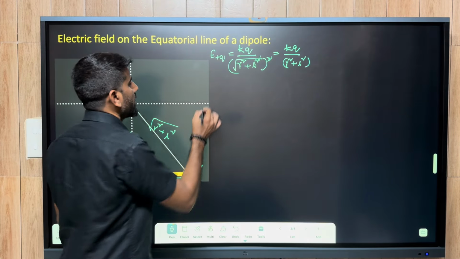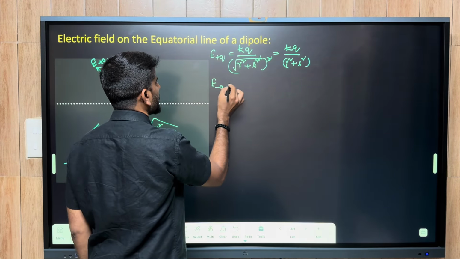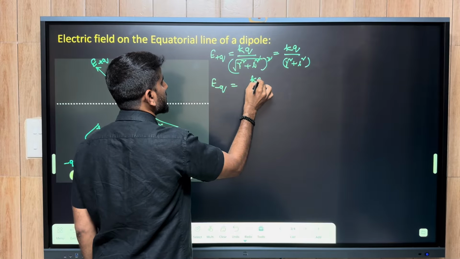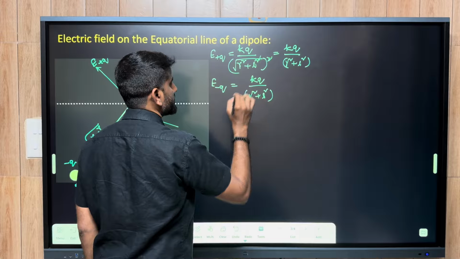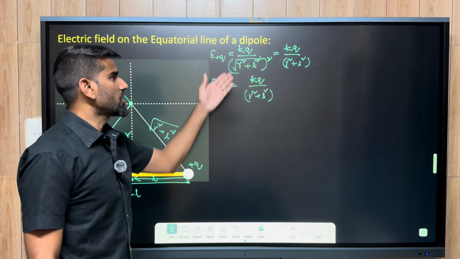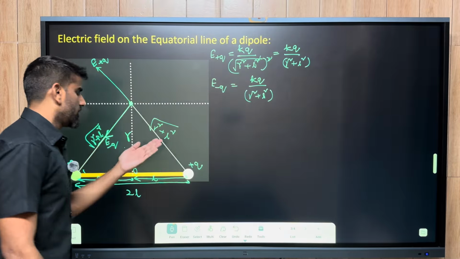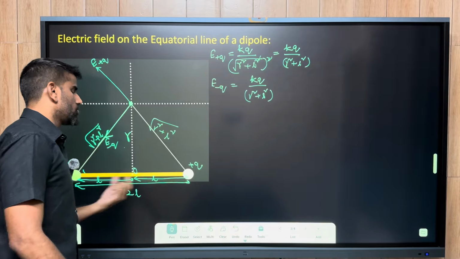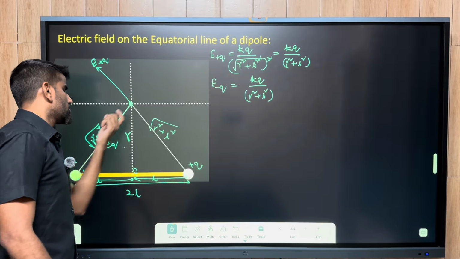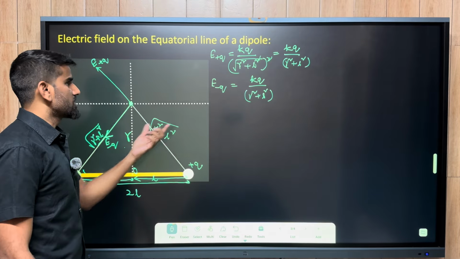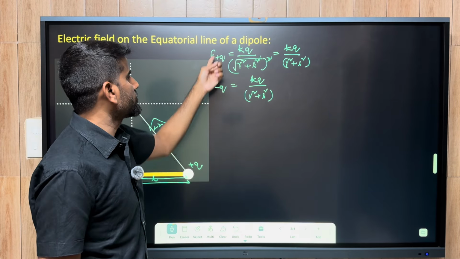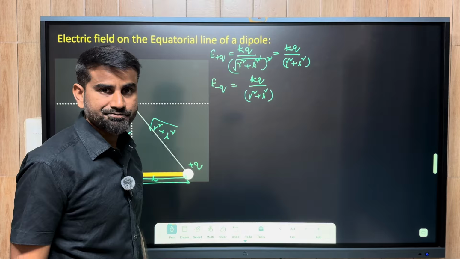Now the electric field due to the negative charge, I am directly writing: kQ by r square plus l square, because root and square get cancelled. In both cases, the magnitude of charge is the same and the distance to the point is also the same, unlike the earlier case. So we are getting equal magnitudes of electric fields here.